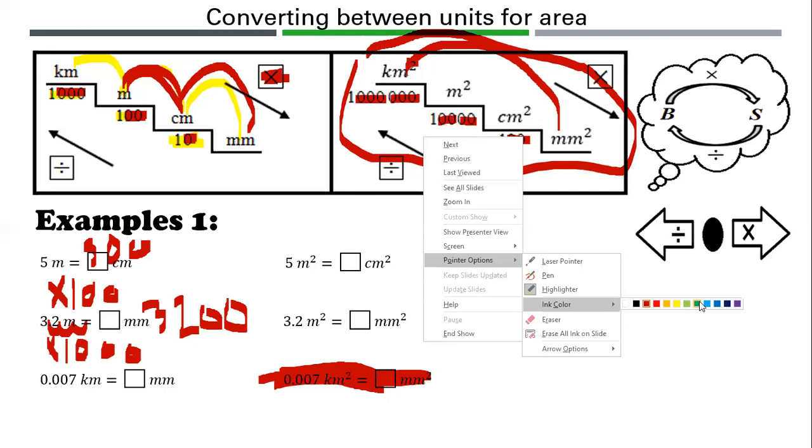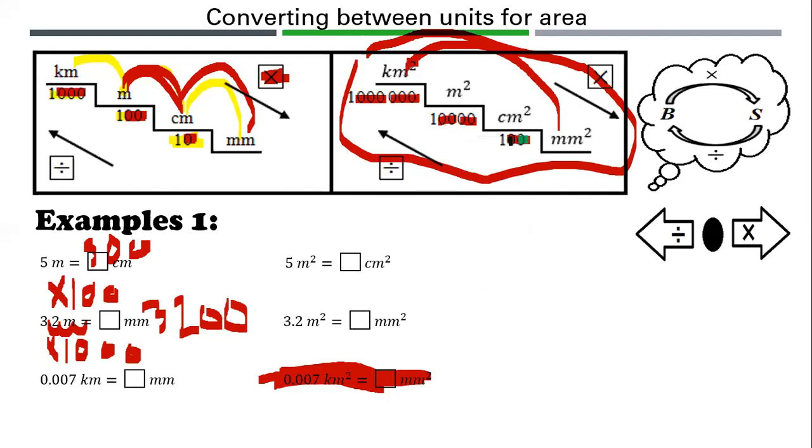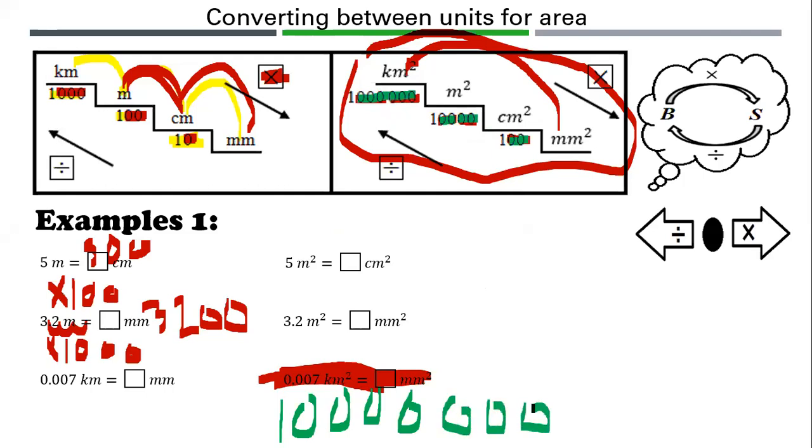I picked the longest one, I know. 1, 2, 3, 4, 5, 6, 7, 8, 9, 10, 11, 12. So 12 zeros. It will take me too much time to write them. They look like a 6, not like a 0, but it doesn't matter.